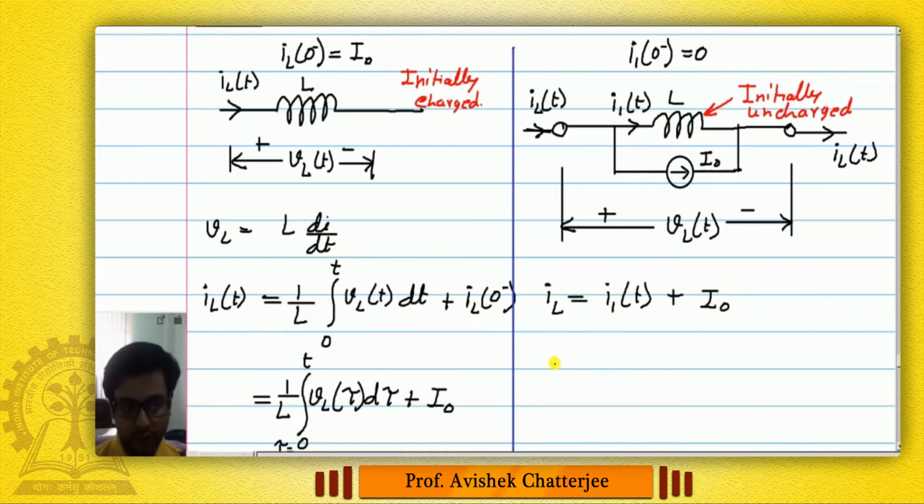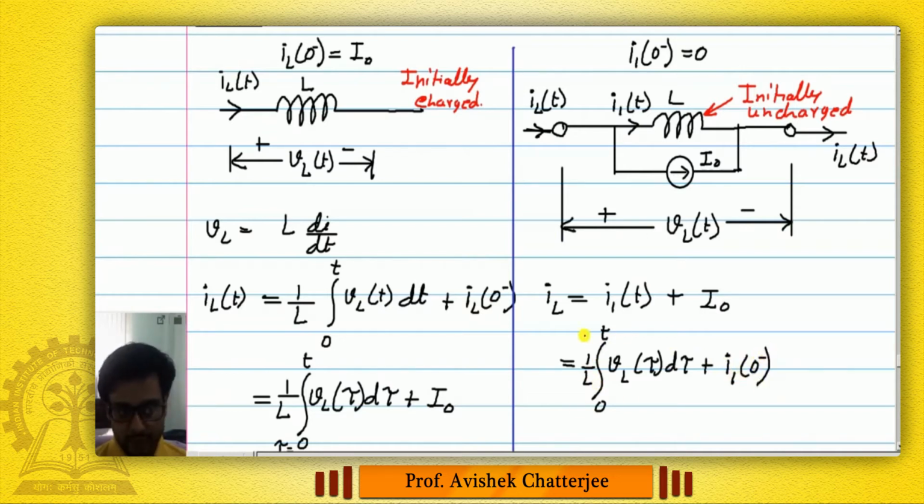Now this I1 I can write as 1 by L integration of the voltage across it, but the voltage across it is VL(tau) d tau, from 0 to t, plus the initial value of the current, which will be I1(0-).